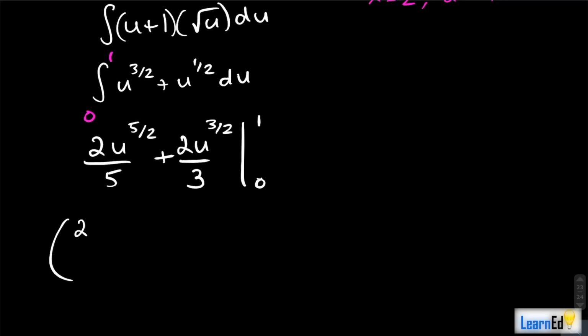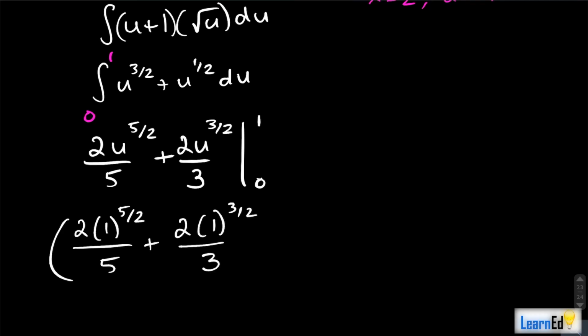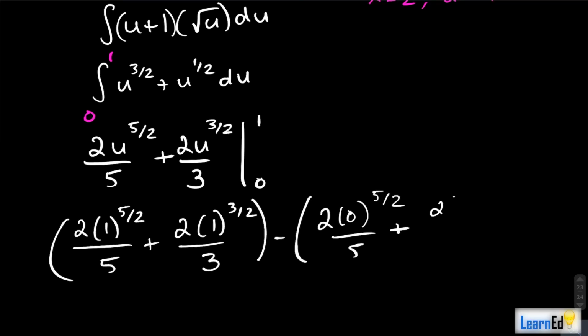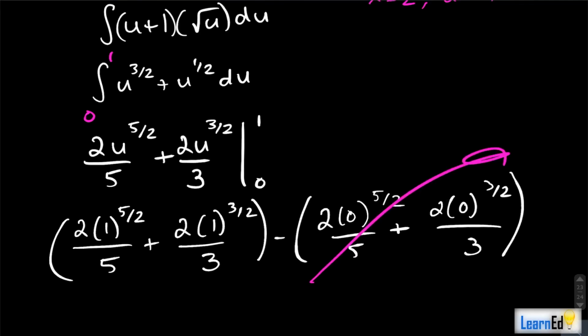You do a 2 times 1 to the 5/2 over 5 plus 2 times 1 to the 3/2 over 3 minus a 2 times 0 to the 5/2 over 5 plus 2 times 0 to the 3/2 over 3. And you can see that this whole thing is 0. Okay? And this just goes away because these are 1.